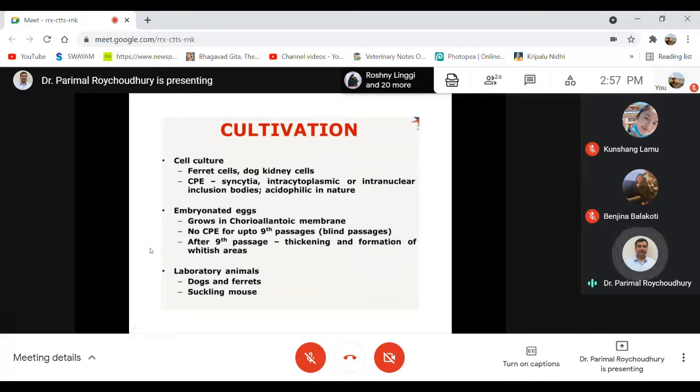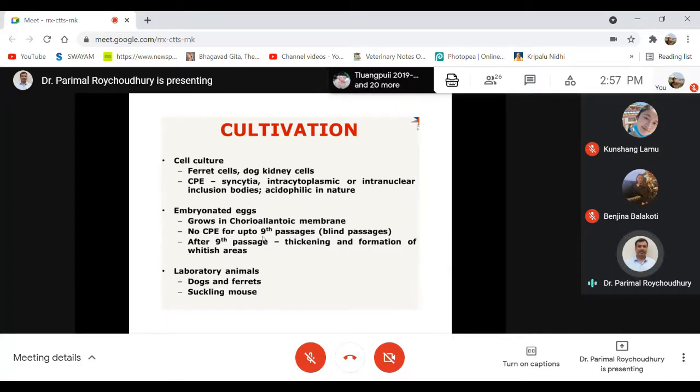Now, this canine distemper virus can be propagated. All three systems are available for virus isolation: cell culture, embryonated eggs, and laboratory animals. Obviously the cell culture is most preferred. Embryonated eggs also support the growth of canine distemper virus, but this is least preferred because we have to go for 9 passes, only then will the virus start adapting to the eggs.